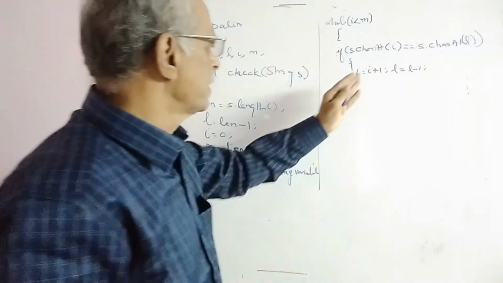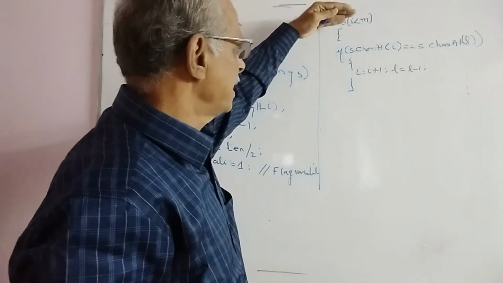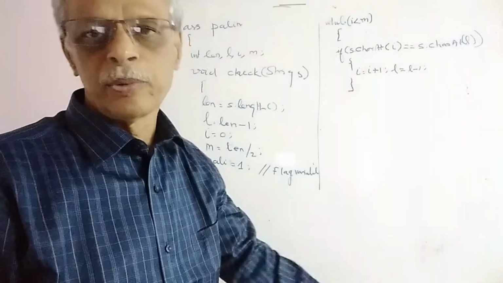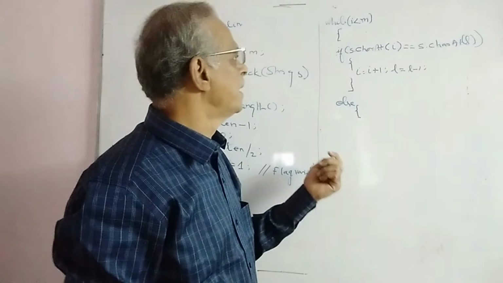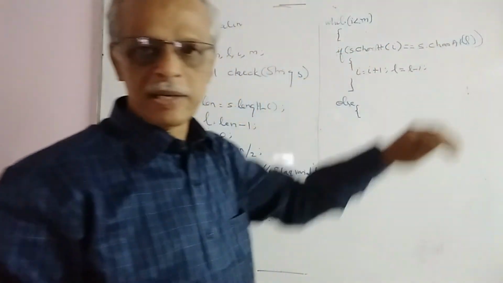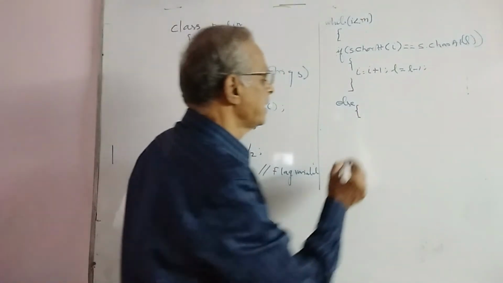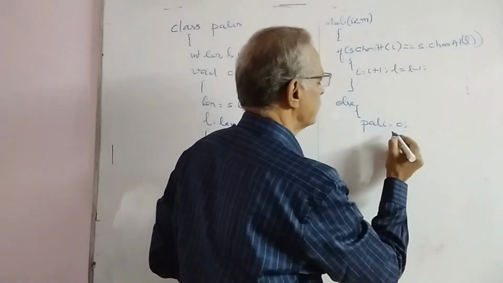Otherwise, this will be executed, and if I reaches m, it comes out of the loop normally. If any two characters are not equal, we have to come out of the loop after setting Pali equal to 0.